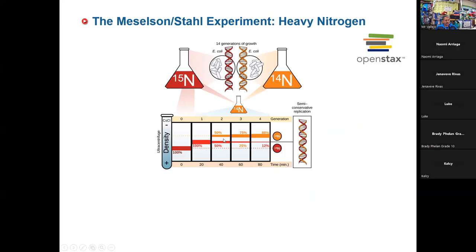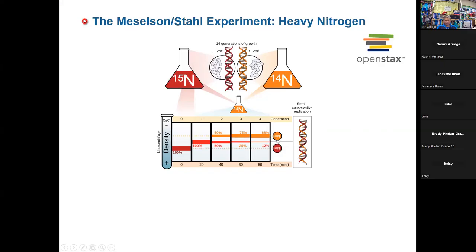So that's not what we saw. So we were able to eliminate that possibility because you expect to have one band that starts getting closer and closer and closer to the orange 14 line, which is the normal nitrogen.